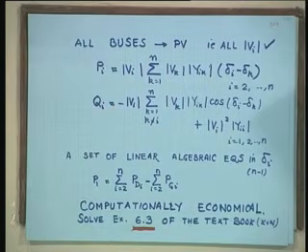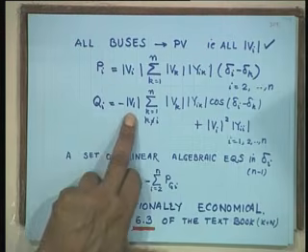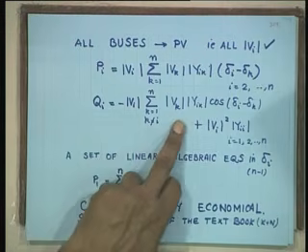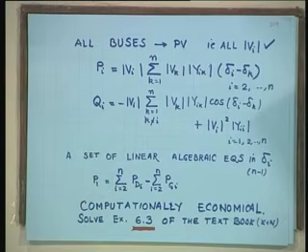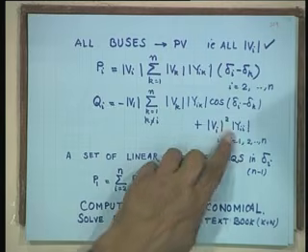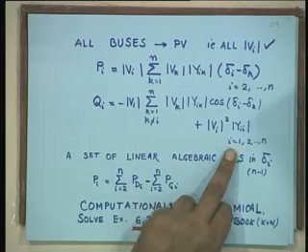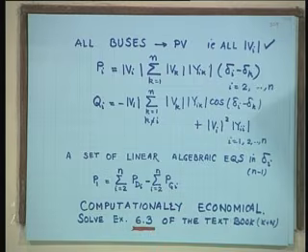The sine of delta becomes delta, as we have just seen. Qi becomes minus Vi sigma Vk Yik cosine(delta i minus delta k) plus Vi square Yii, for all i varying from 1 to n. Incidentally, cosine of a small angle is not small; cosine 0 becomes 1. So, you can't apply the same theory here that cosine delta is delta when delta is small. No, that is not correct.